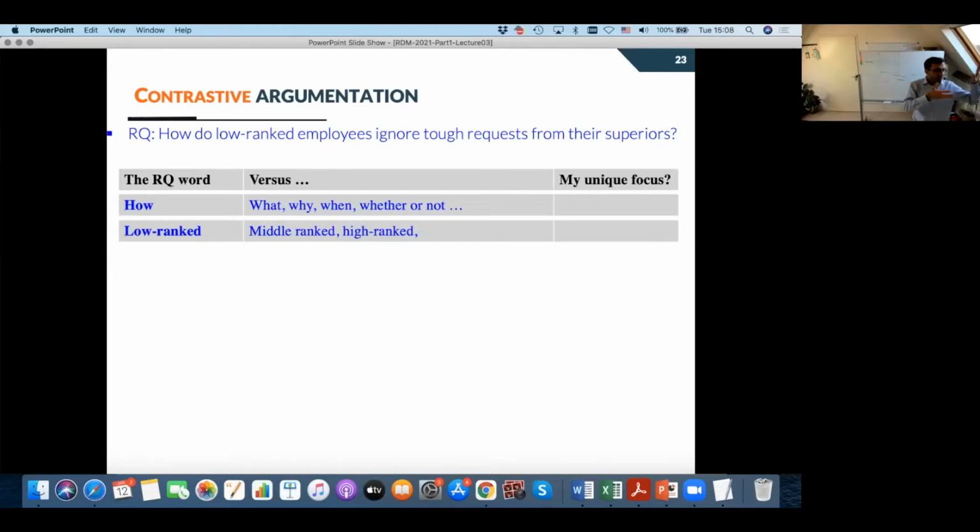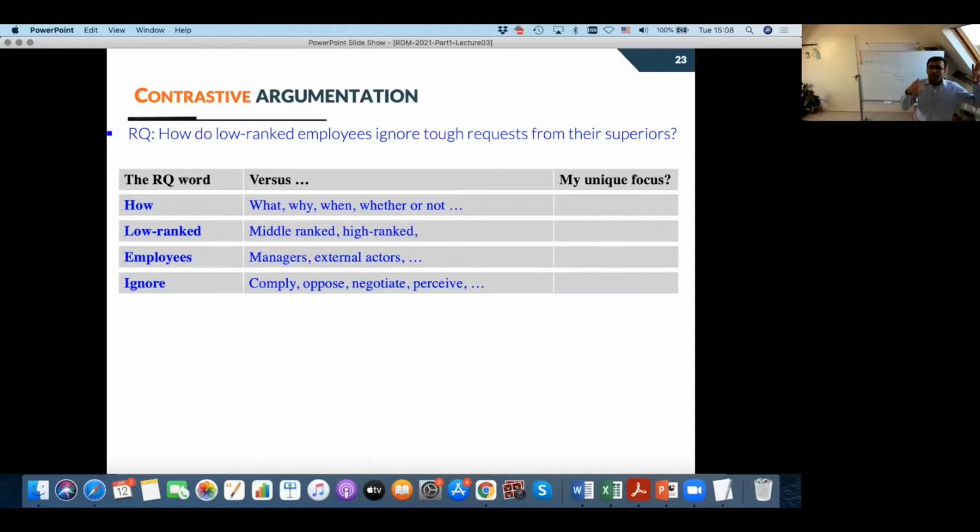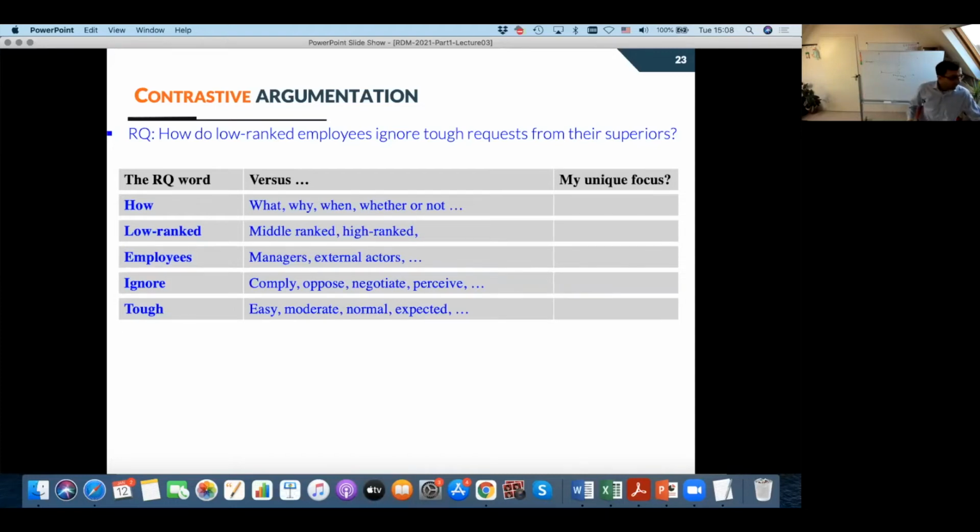Low-ranked can be middle-ranked, high-ranked. Employees can be managers, external actors, collaborators. Instead of ignore, it can be comply, oppose, negotiate, perceive. Tough can be easy, moderate, normal, expected, unexpected.